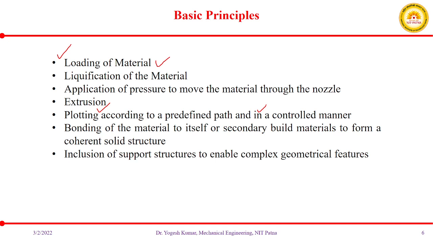Okay. Then bonding of the material to itself or the secondary build material to form a coherent solid structure. That is mandatory, that it should make a bond with the same material or the secondary build material that has been supplied. Okay, the inclusion of support structure to enable complex geometrical features. Yes, a support structure, as mentioned in the other additive manufacturing processes, is mandatory to print complex geometrical features.